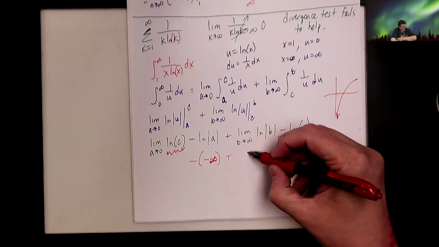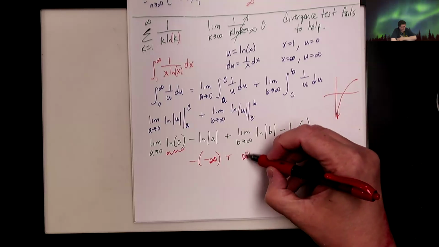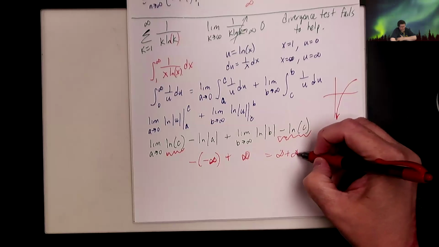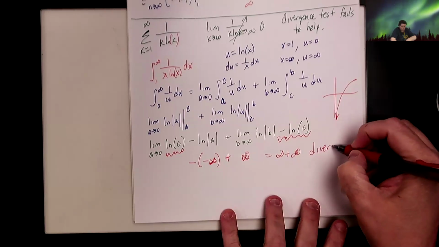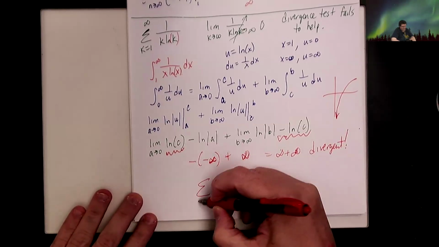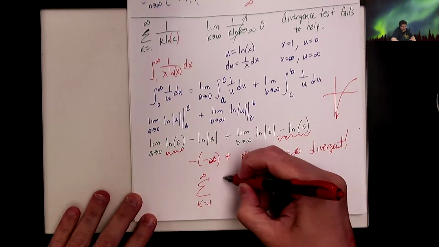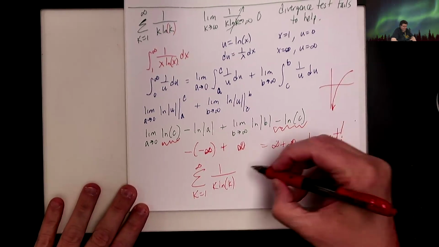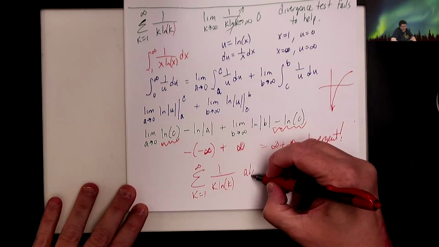Then I've got plus infinity. Infinity plus infinity, that's divergent. Which means the sum from k equals 1 to infinity of 1 over k ln of k also diverges.